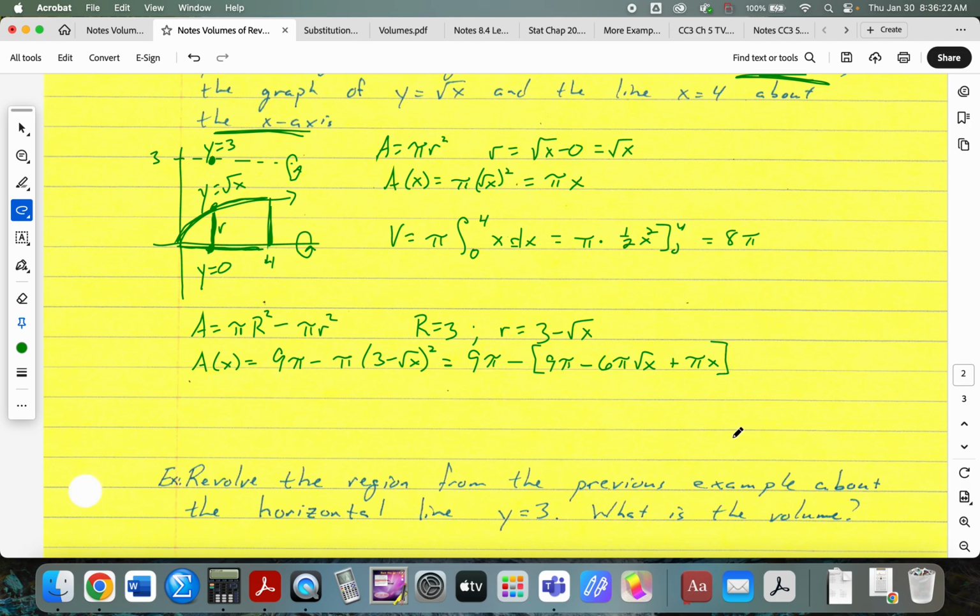And you can see that this one was cooked up nicely because the 9 pi's drop out. So that's going to be negative 6 pi square root of x plus pi x. So my volume will be the integral from 0 to 4 of, I'm going to go ahead and factor out a pi, negative 6x to the 1/2 plus x dx.